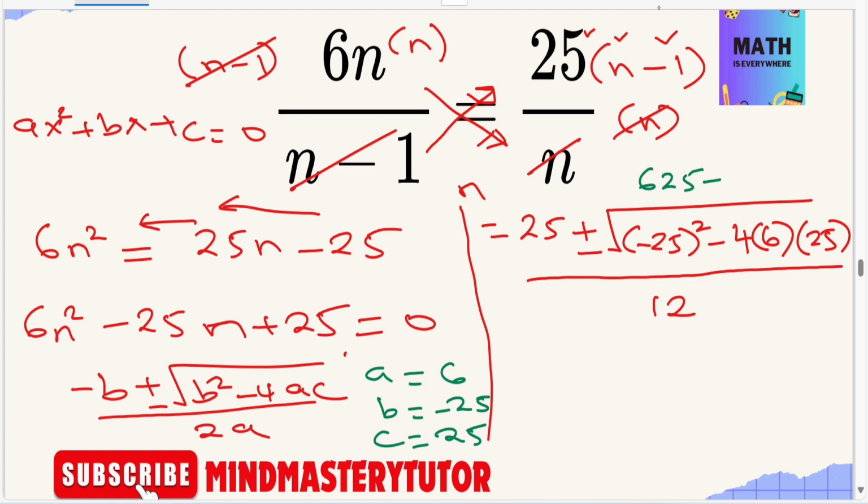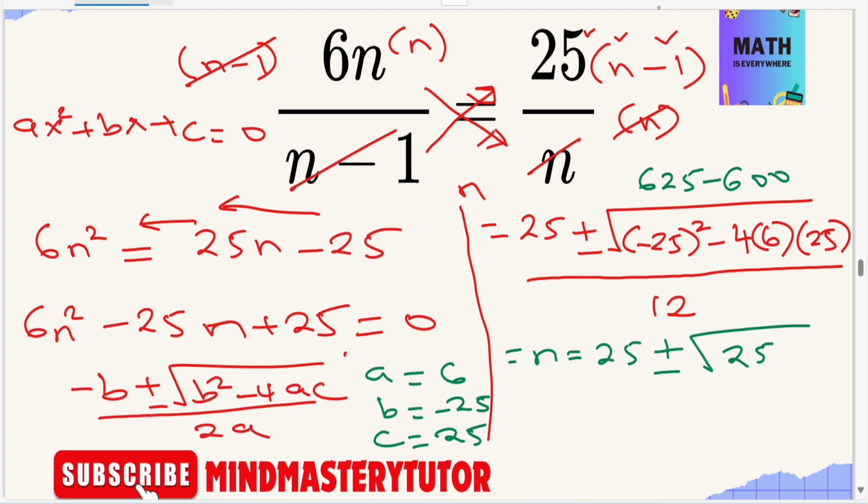You are not forbidden, this is a calculator question. So you can use your calculator. So negative 24 times 25 gives me negative 600.